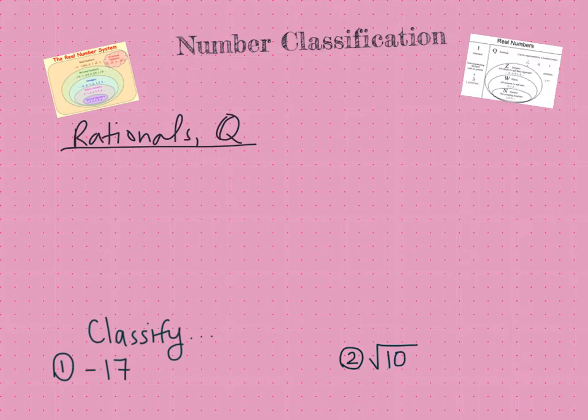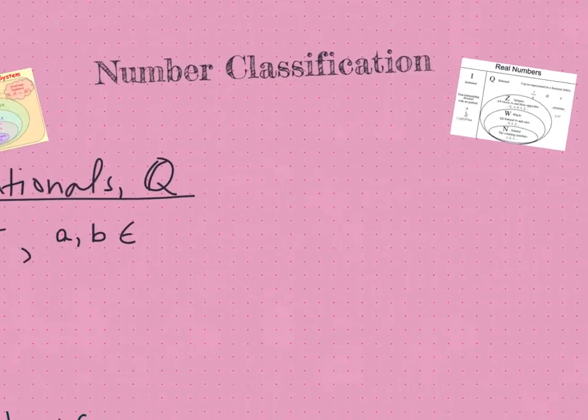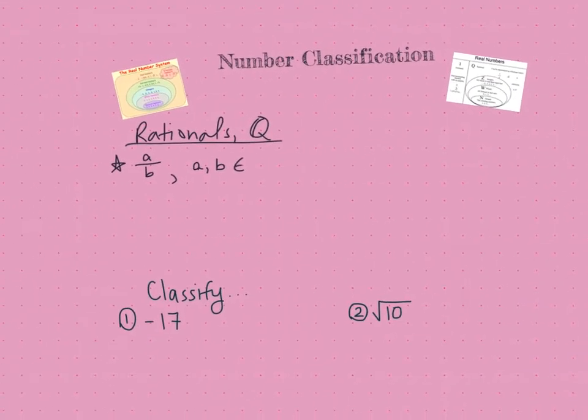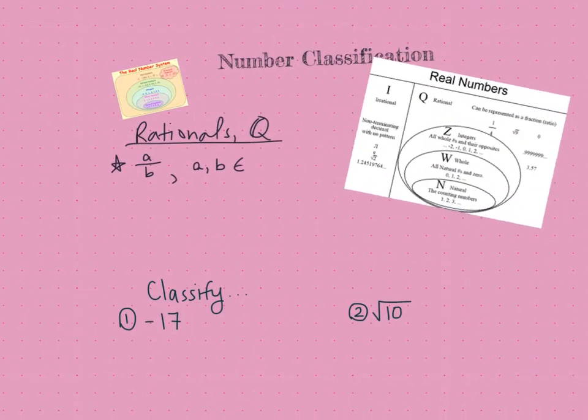Okay, so the rational numbers is any number that can be written as A over B, or a ratio, right? But A and B both have to be an integer, so they are elements of the integers, which is shown with a Z.